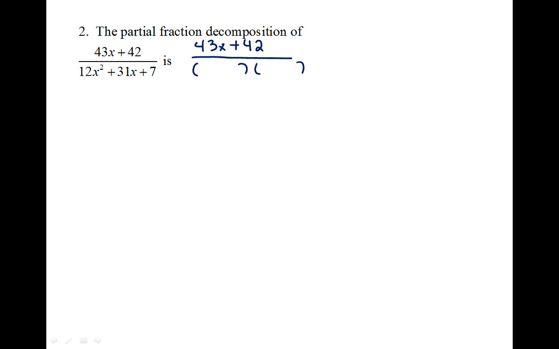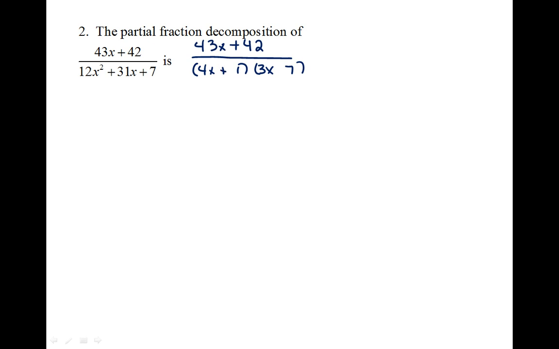So factors of 12, I'll try 4 and 3, so that would be 4x times 3x. And factors of 7, 1 and 7, and just make sure your inner and outer add up to 31. So that would be 3x, 28x, that adds up to 31x.